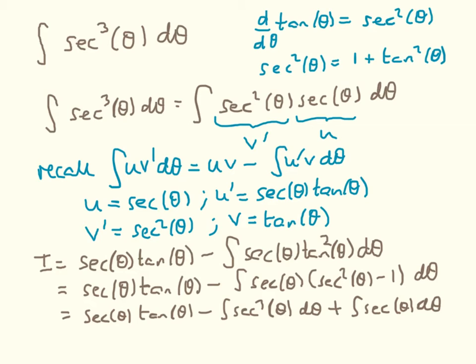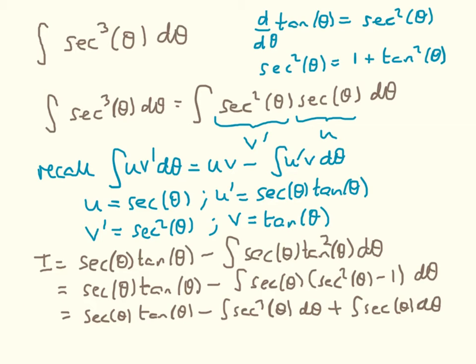Now, this is a standard integral, and this is our initial integral that we've called I. It's got a minus sign here, so I can add I to both sides. Here I will get 2I, and here I'll get rid of this. I'm just taking this over to here.